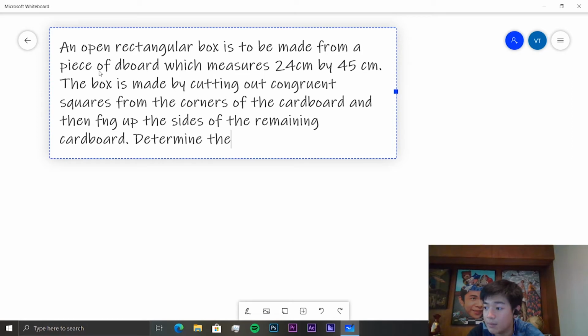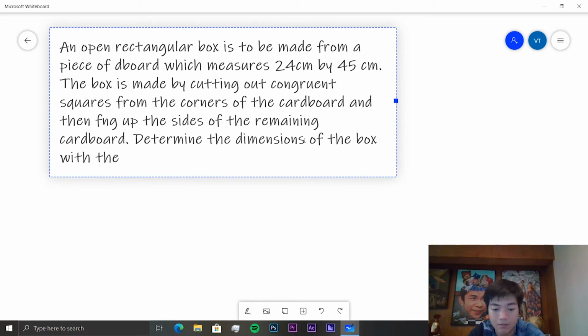Determine the dimensions of the box with the largest volume and calculate this.